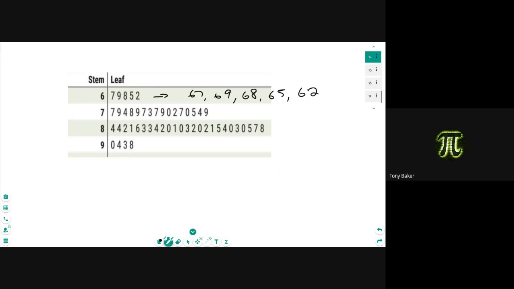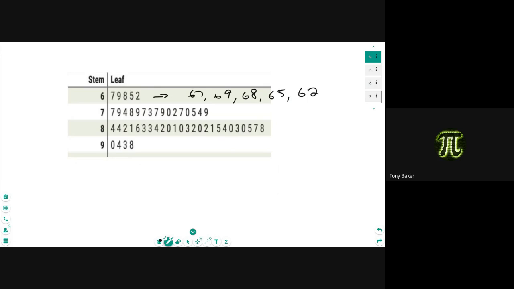What is the default class with any stem and leaf plot? Yeah, 10. What's the ones that are going to go in the sixes? 60 to 69. The 70, 70 to 79. It's grouped by our place value system. So it's grouped by tens in this situation. Okay.